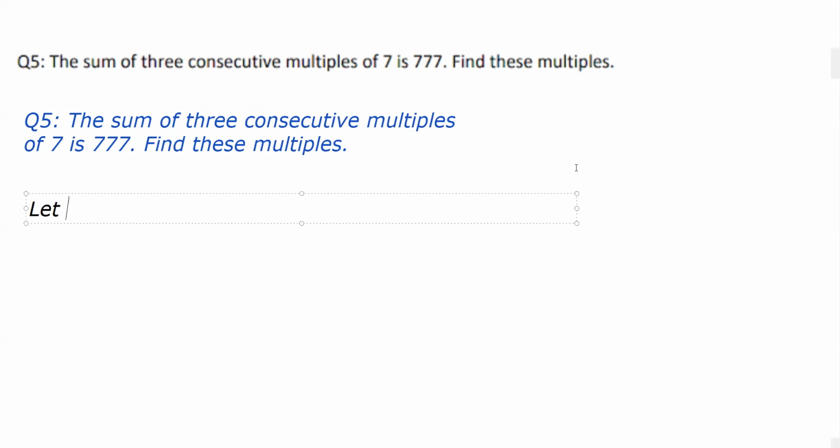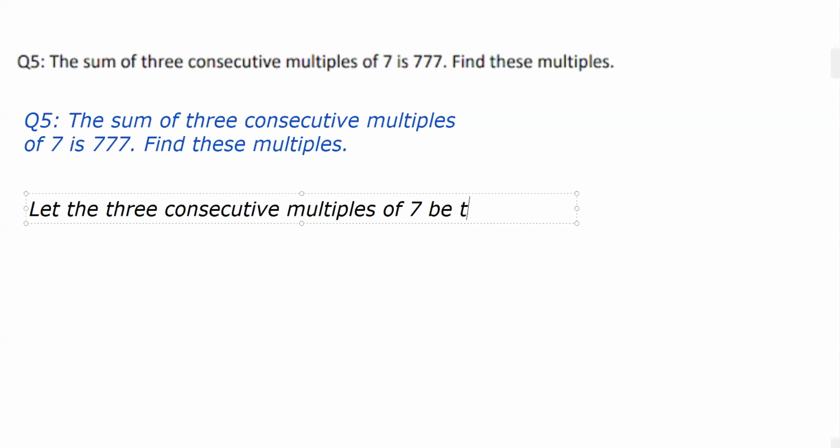So we'll say that let the three consecutive multiples of 7 be, and you know that it should be what?